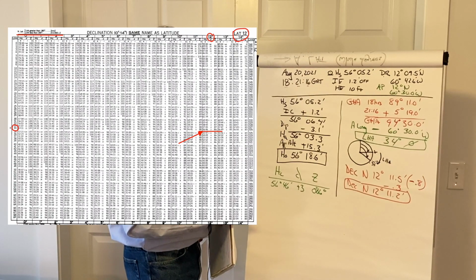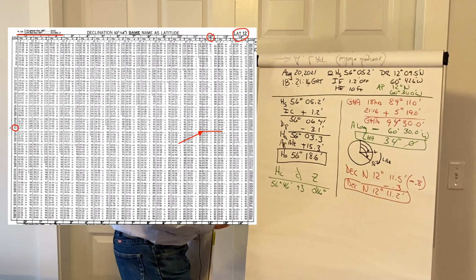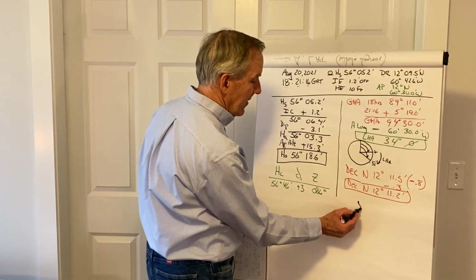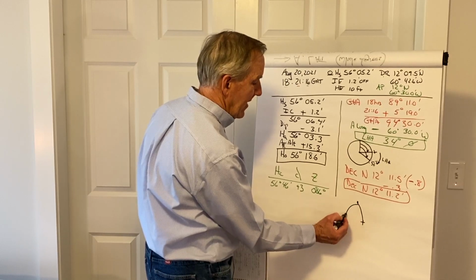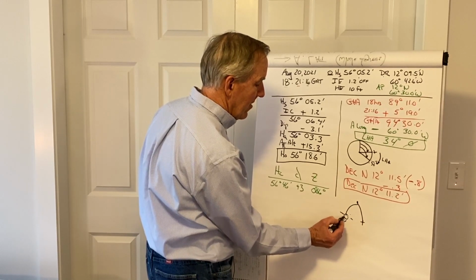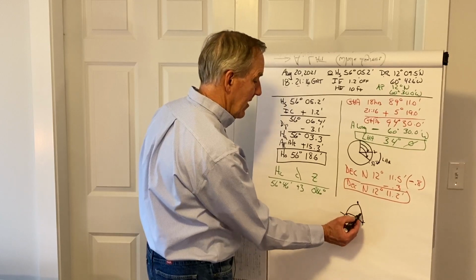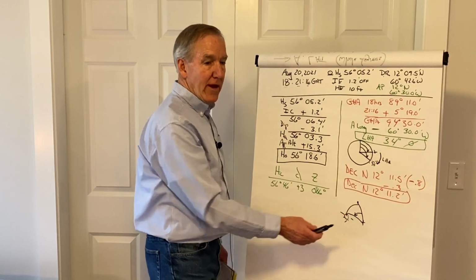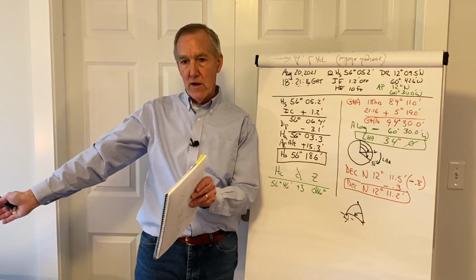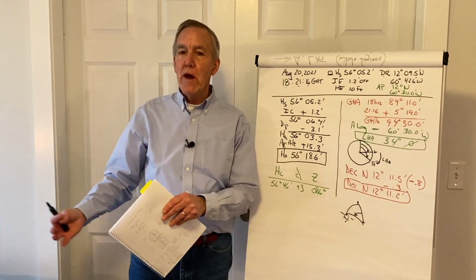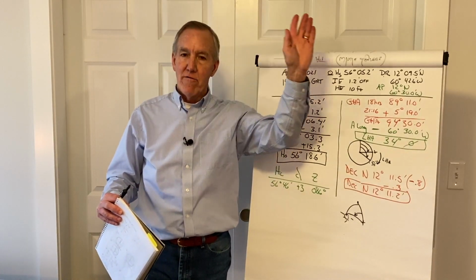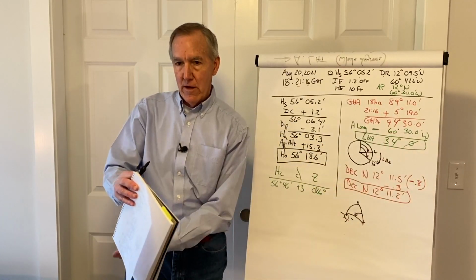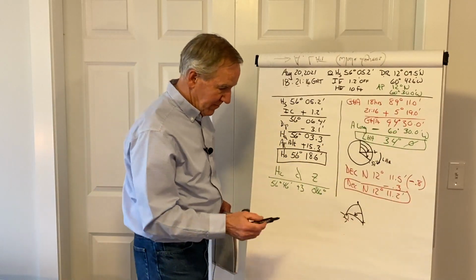Now let's remember how this works. We'll draw a simple triangle here. Here's the North Pole. Here is us. The body is a little bit to our west. So the tables are going to give us this interior angle, which is going to be over here. But we don't measure true bearings that way. So we're going to be converting our Z to a ZN, which is measured this way, just like you would for a compass.